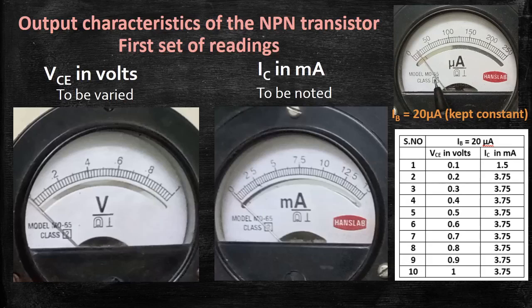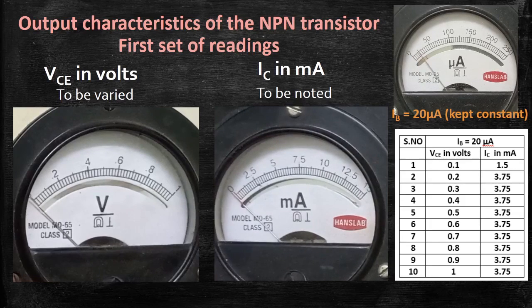It is kept exactly at 20 microampere. The IB value shown in the microammeter is 20 microampere. This must be kept constant throughout the experiment. When VCE is varied and IC is noted, the IB value should be kept constant. What is the value of IB now? 20 microampere. Okay.